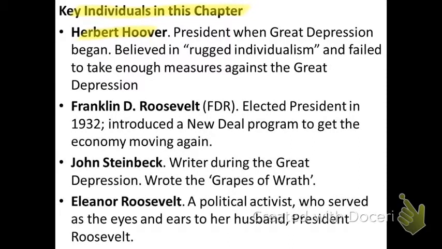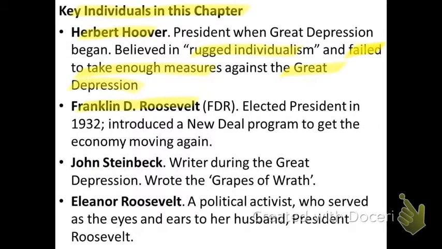No. Because of his belief in rugged individualism, he failed to take enough measures against the economic woes that eventually led to the Great Depression. If he would have done more, could the Great Depression have been stopped before it got started? Yes. But that just wasn't in his belief system. His economic belief system did not allow him to do that.